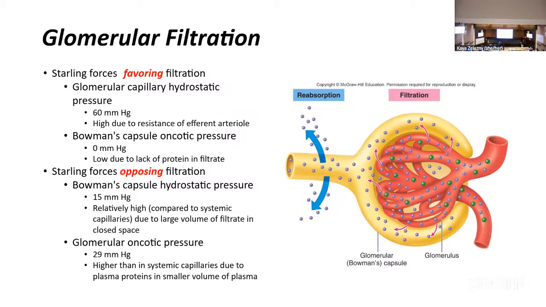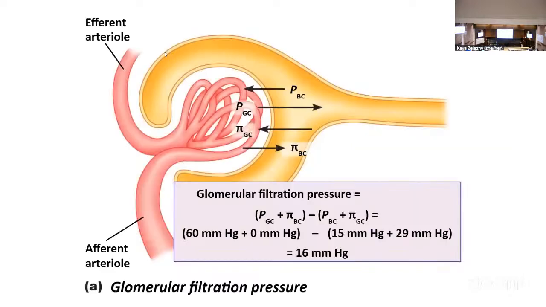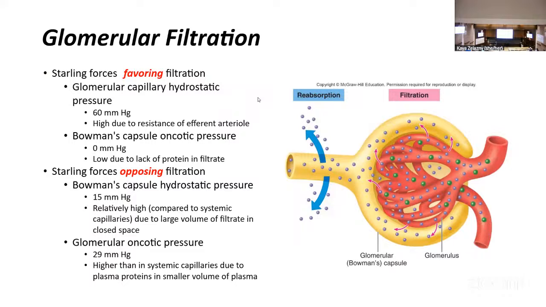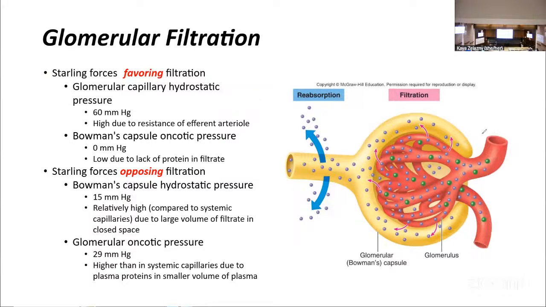And it's higher than we saw when we were talking about the analogous process out in your systemic capillaries. And the reason for that is we basically have blood kind of backing up into our glomerular capillaries. So it seems like a little detail, but if you notice on these arterioles, right, we've got a fat one and we've got a skinny one, right?